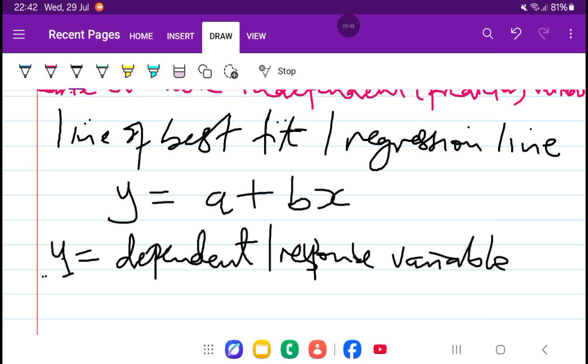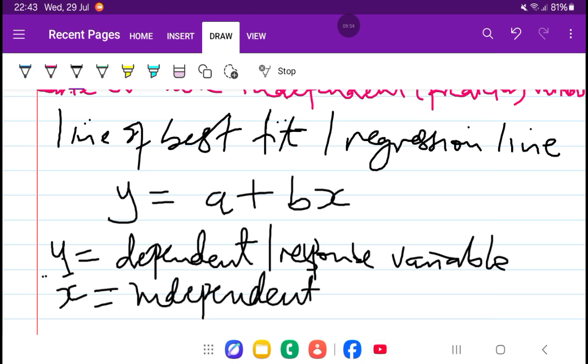Then our x represents the independent variable, or what you call the explanatory variable.